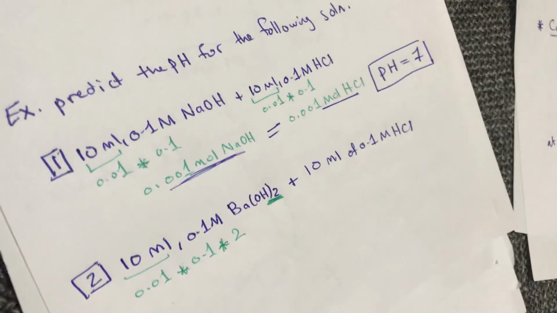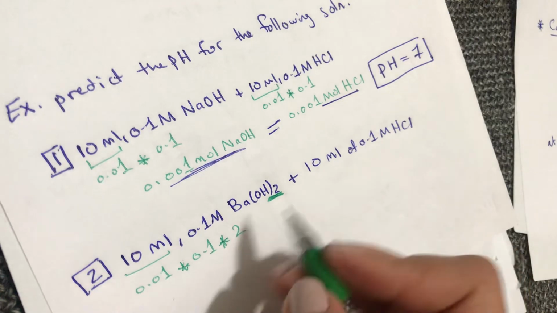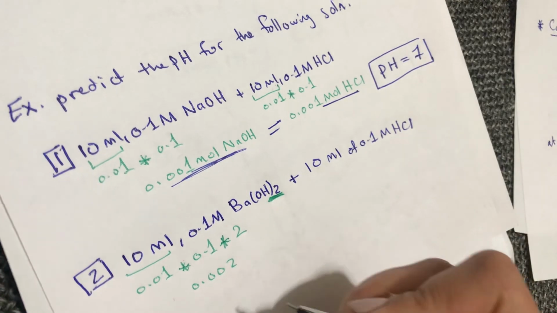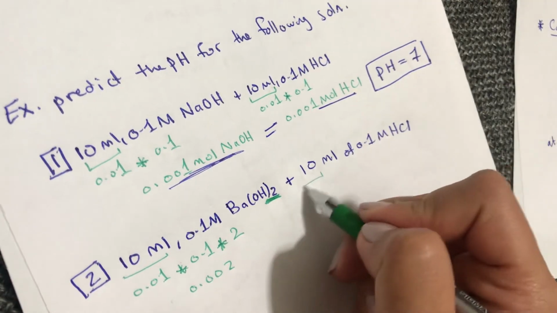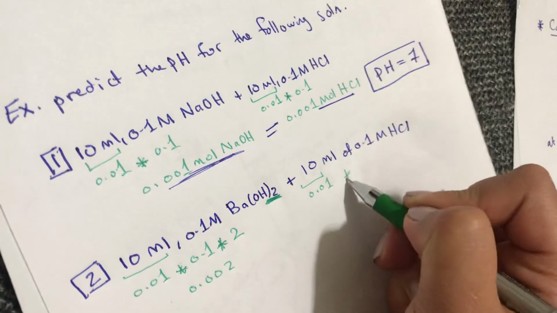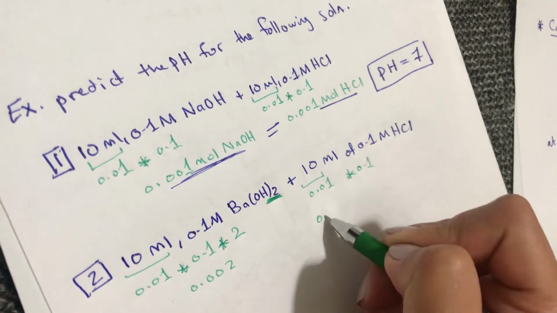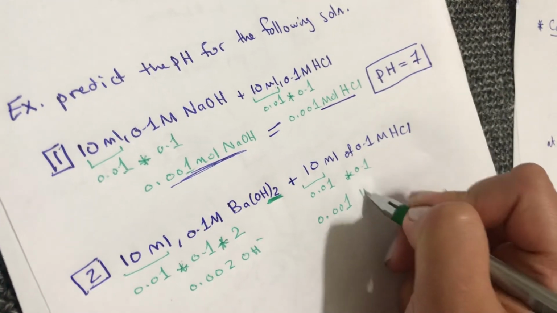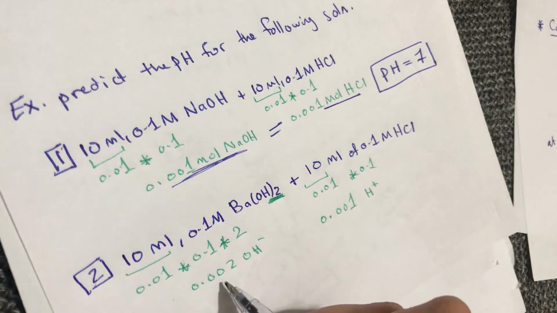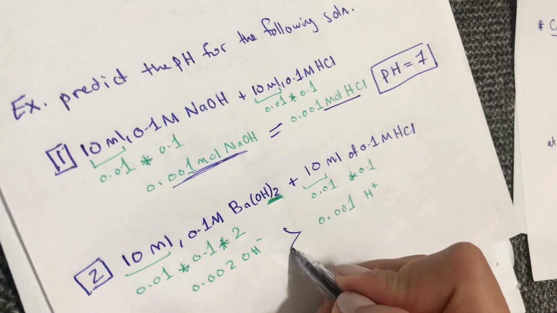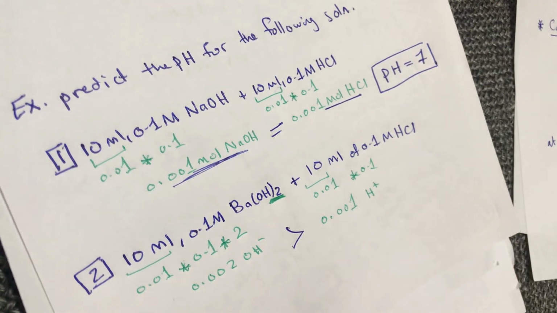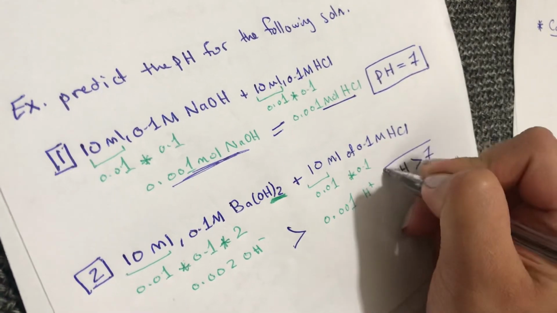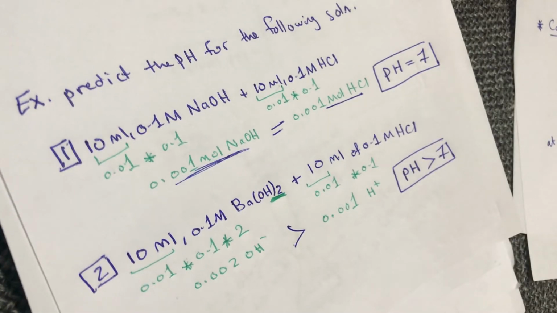So the number of moles of hydroxide ions is 0.002, and here 10 ml, 0.01 liter times 0.1, which equals 0.001. So the number of moles of hydroxide ions is greater than the number of moles of hydrogen ions. So pH is greater than 7. It's a basic solution.